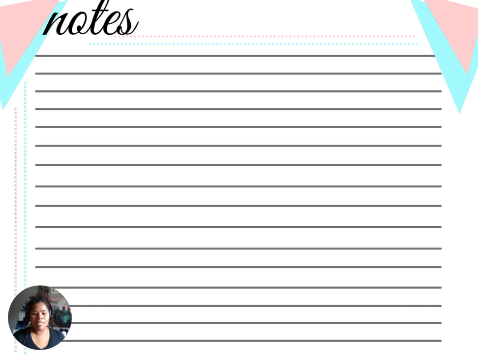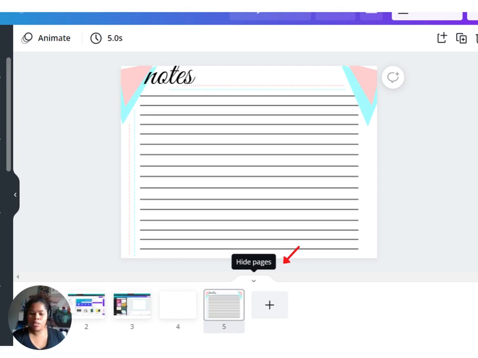Thankfully, Canva does this great thing where you can duplicate your whole page without having to do all that extra work. Isn't that cool? So what we're going to do is we're going to hide your pages. And here where it's hide your pages is because it shows all of the pages that you have. Now, whenever you're not sure how many pages you have copied already, just click on that little arrow right there, and it'll pop back up and it'll show you how many pages you have.